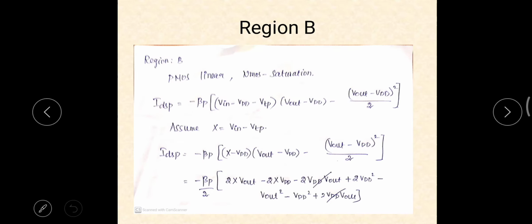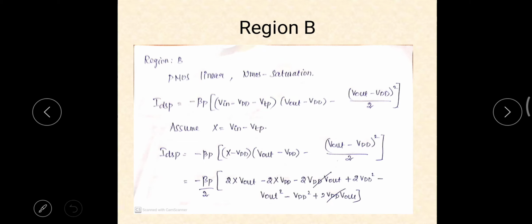Next we'll move on to region B. In region B, the PMOS is operating in the linear region, NMOS is operating in the saturation region. Since the output voltage of region B will be somewhat lesser than the output voltage of region A, we have to derive the expression.